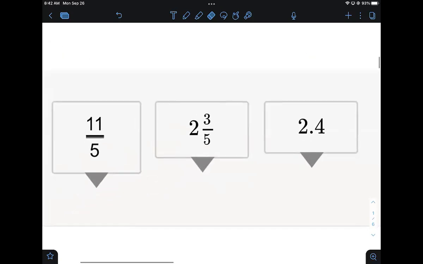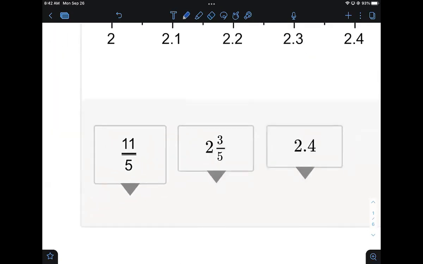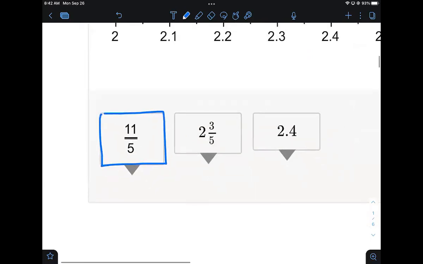So let's start with 11/5. We have to convert that to a decimal. So this is number 4. What if instead of doing long division, we started to first write it as a mixed number? How many times does 5 go into 11? Twice, with how many left over? Okay.